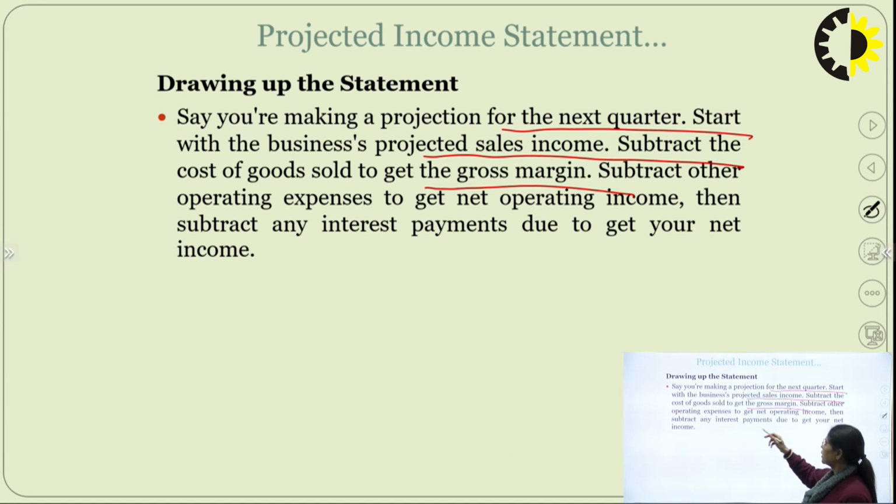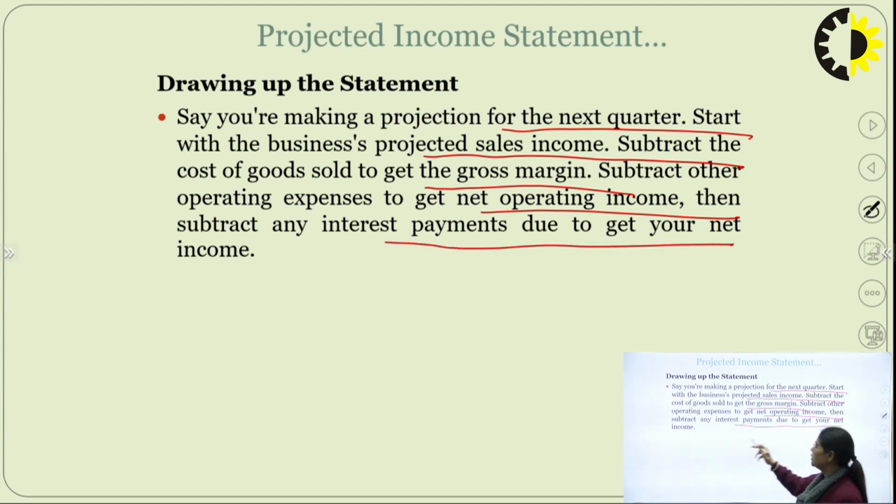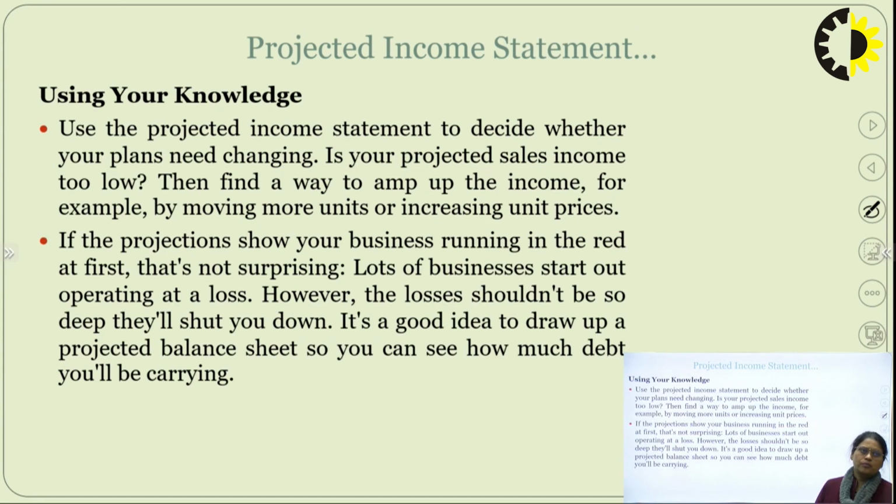Then subtract other operating expenses from the net income value, and then subtract any interest payment. If you have to pay any interest, you will also subtract that interest value from the total sales income.